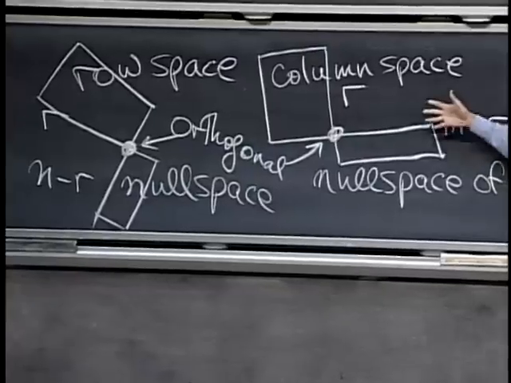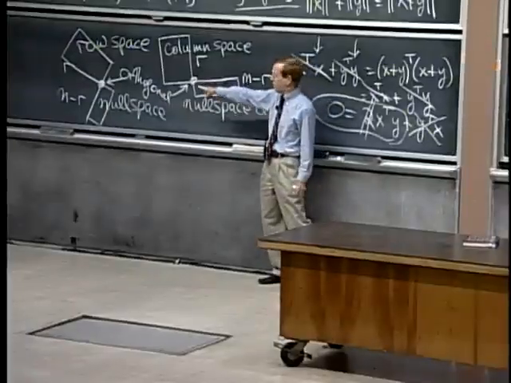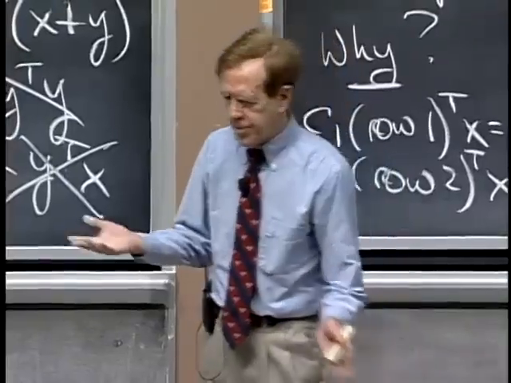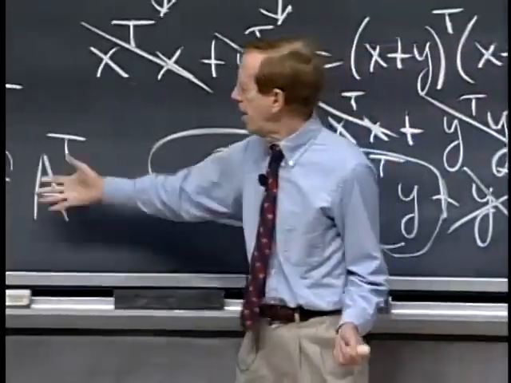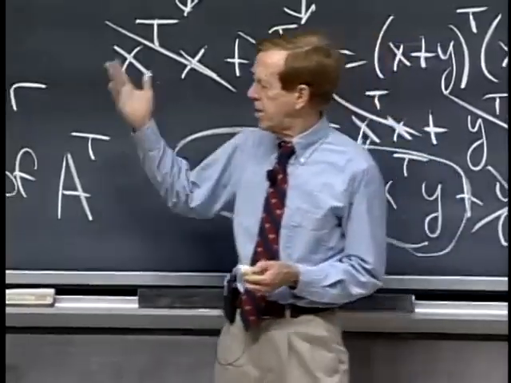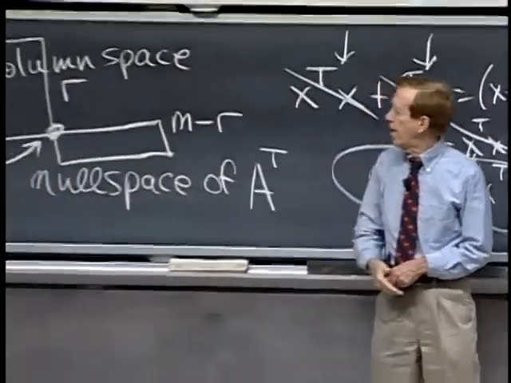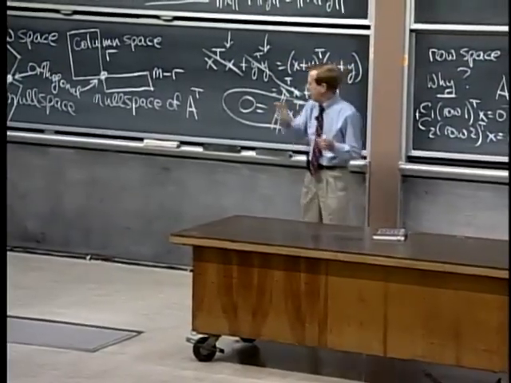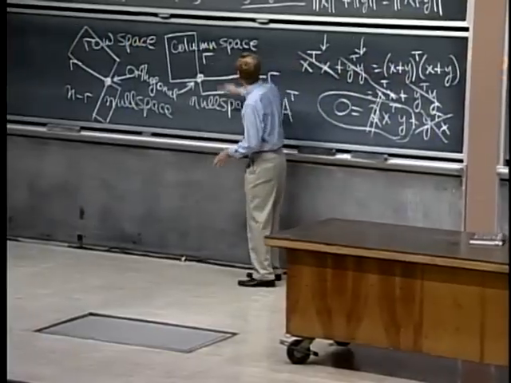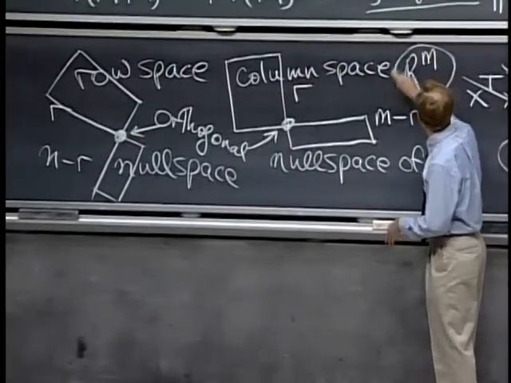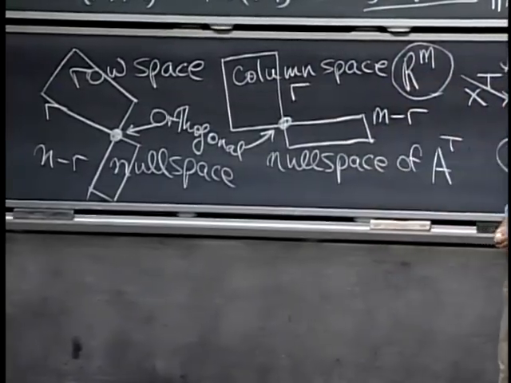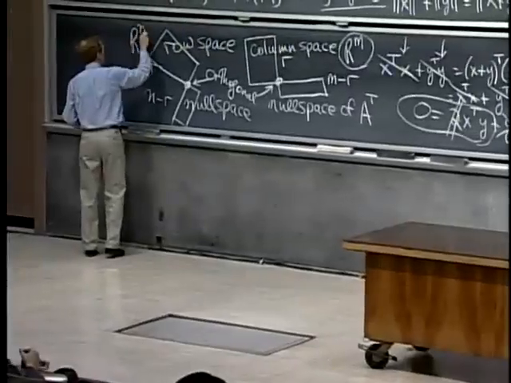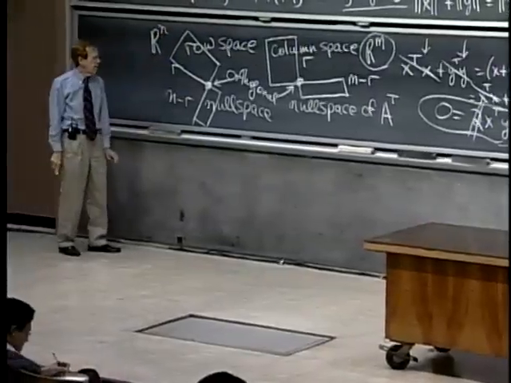It's the same statement for A transpose that it was for A. So I won't take time to prove it again, because we checked it for every matrix, and A transpose is just as good a matrix as A, so we're orthogonal over there too. So this was like carving up m-dimensional space into two subspaces, and this one was carving up n-dimensional space into two subspaces.